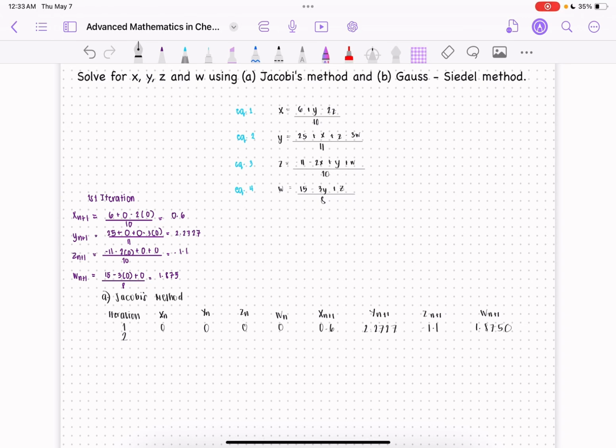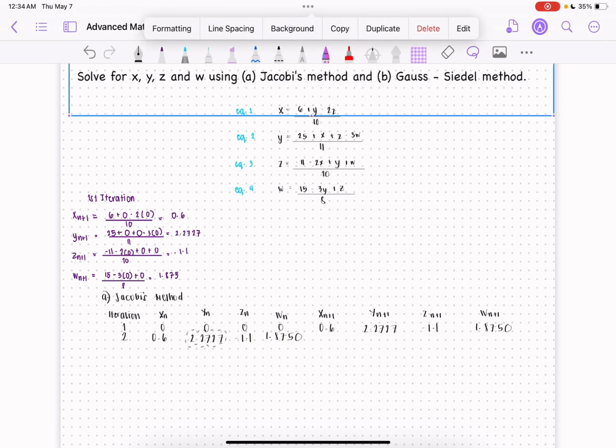Now, for the second iteration, we now utilize the values from our first iteration, the values that we got right here, to compute the values for our second iteration. So the values that we solved right here would be our initial values again for the second iteration.